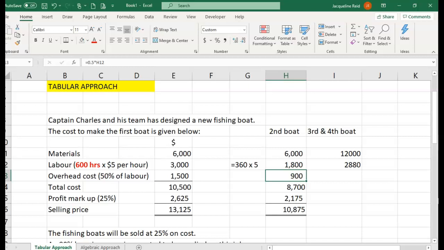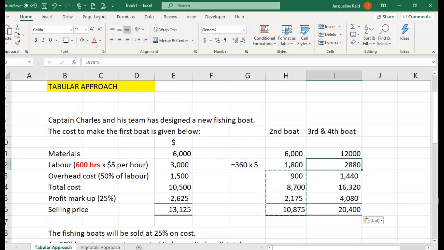The overhead cost is again 50%. Let's copy this. In fact, we can copy all of this. So 50% of the labor is 1,440.